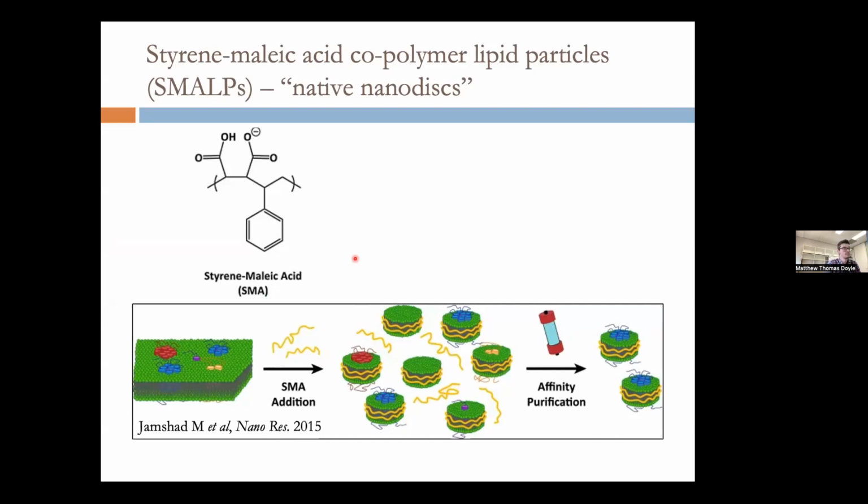So you don't have to use detergents. You just take your native membrane, whack in your polymer. You get these native nanodiscs, in which lies your protein, affinity purification, and then your protein has never seen detergent. And hopefully you've got the lipids that were bound to the protein in the cell remaining in your discs.